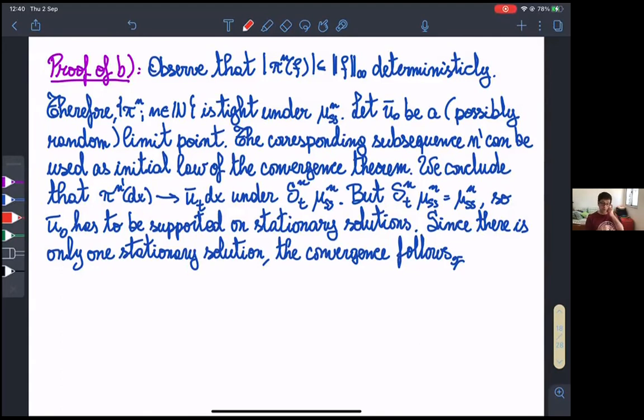For our particular choice of the parameters of the model, there is only one stationary solution. Therefore, we have just convergence to rho star. Okay, so in this particular case, it was pretty simple to do this step.